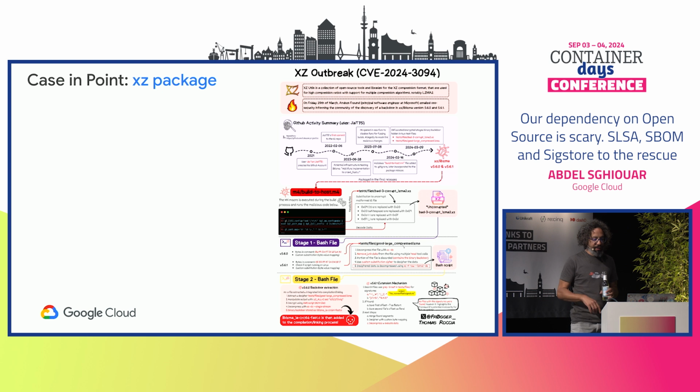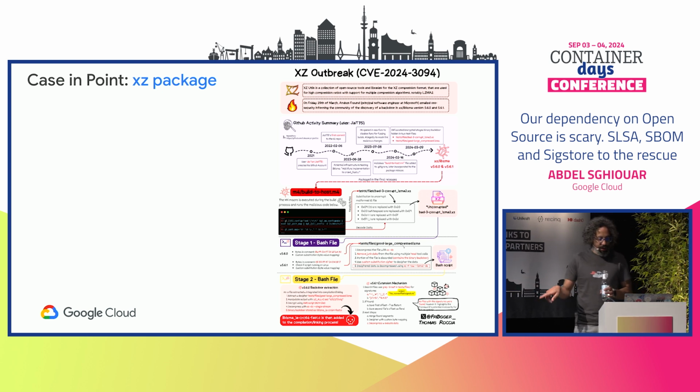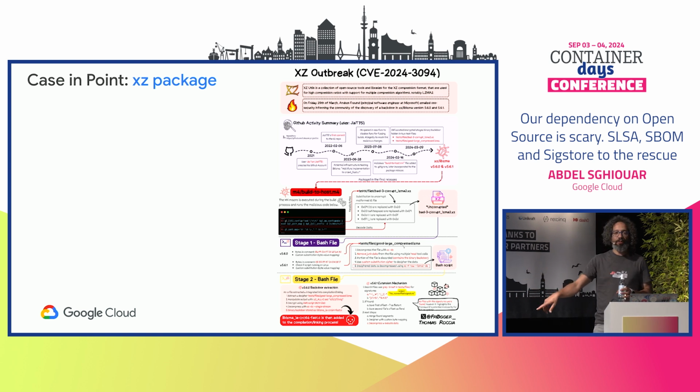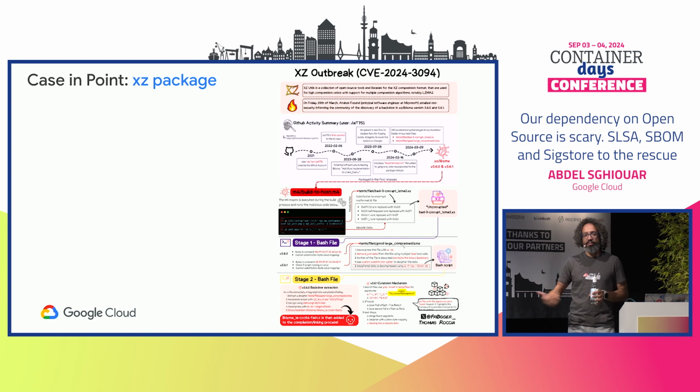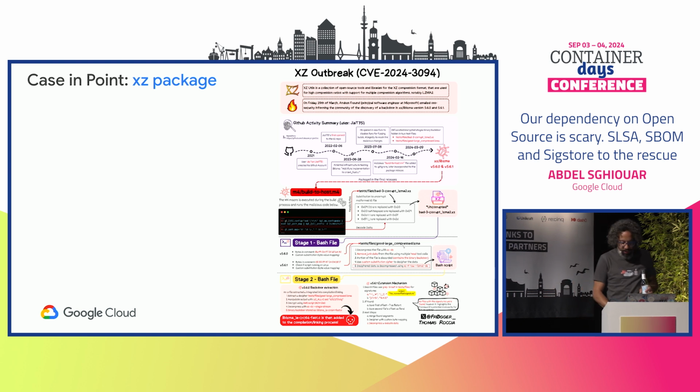And this was discovered by somebody at Microsoft who was debugging a SQL server and noticed that whenever they executed SSH, it used a lot of CPU cycles, and then figured out that when you are using the SCP command line, it just uploads stuff to some remote server somewhere, right? So just an example of how things can go wrong.